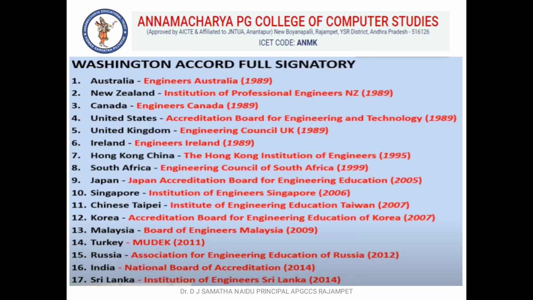Hong Kong, China, the Hong Kong Institution of Engineers, became a signatory in 1995, and Japan Accreditation Board for Engineering Education in 2005. In Singapore, the Institution of Engineers Singapore was established in 2006, and then Chinese Taipei, Korea, Malaysia, Turkey, Russia, India, Sri Lanka, etc.